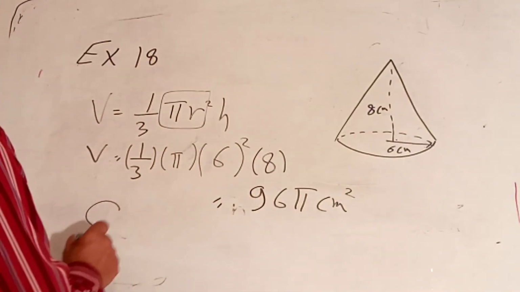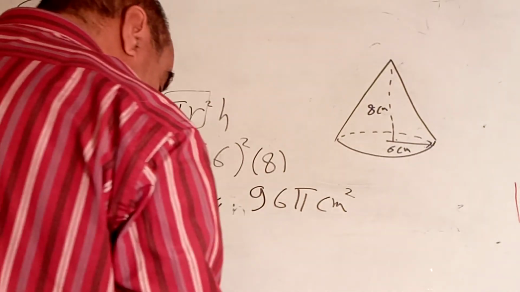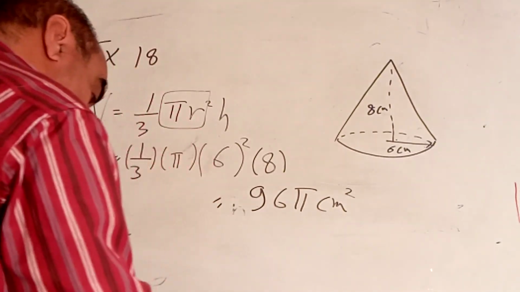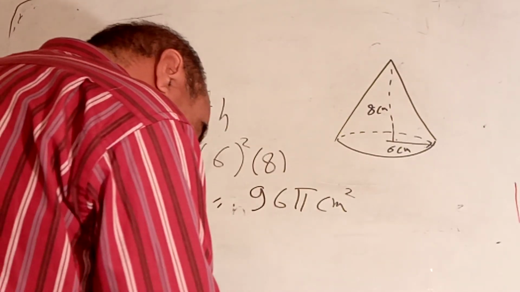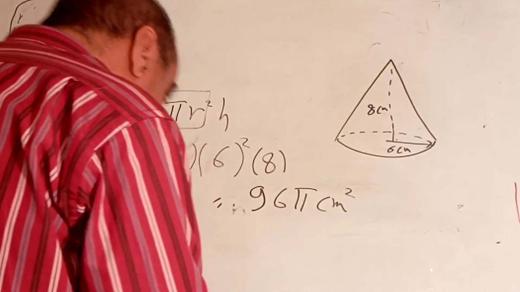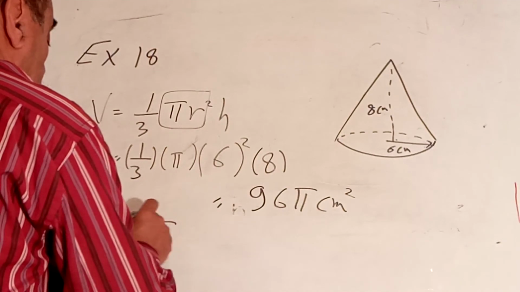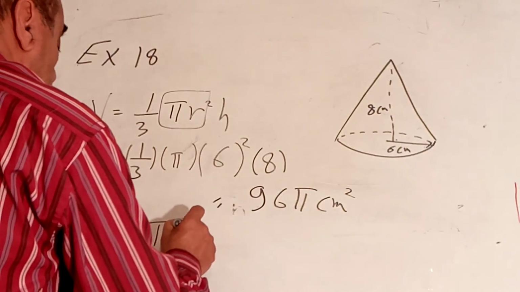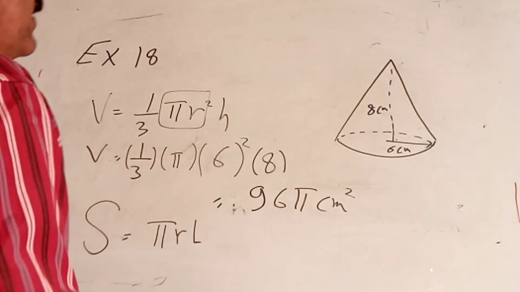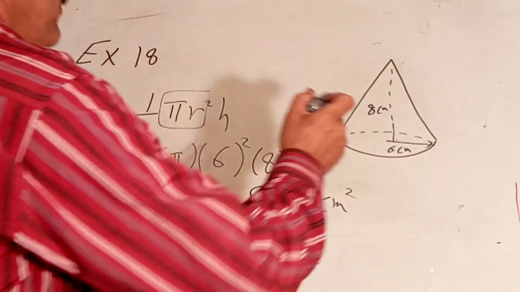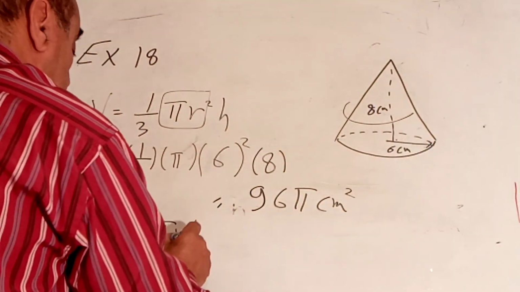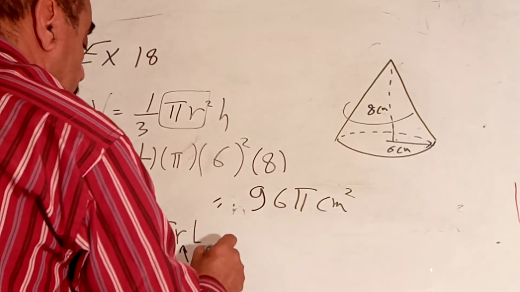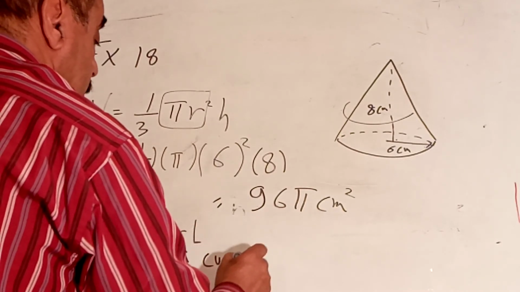The surface area of the cone, we said it's equal to pi r L. This is the curved surface.